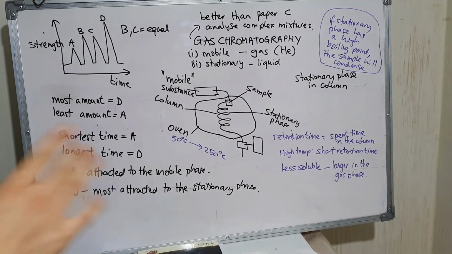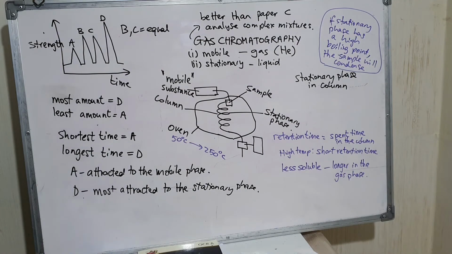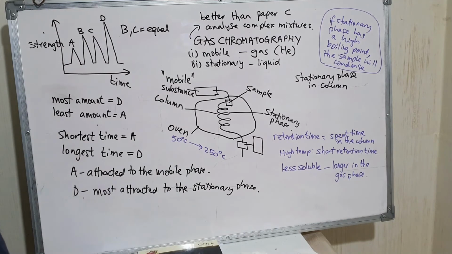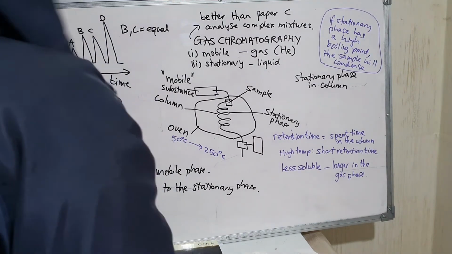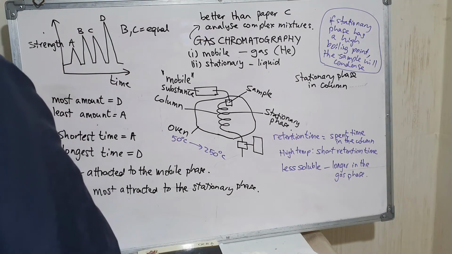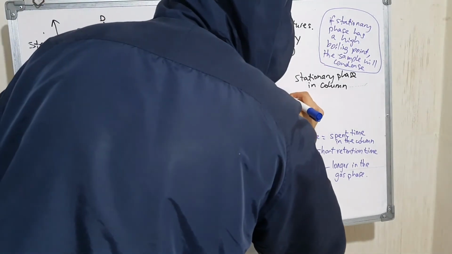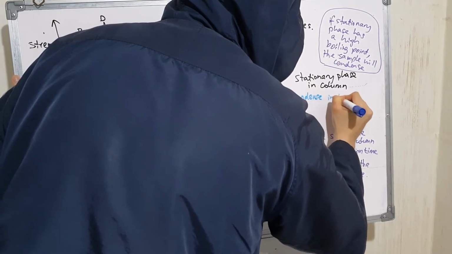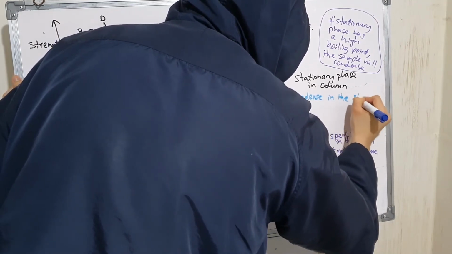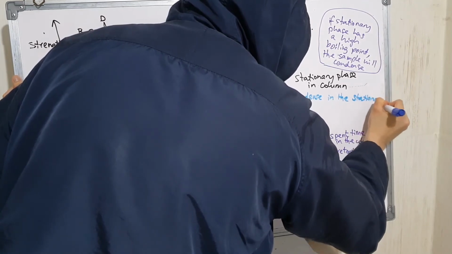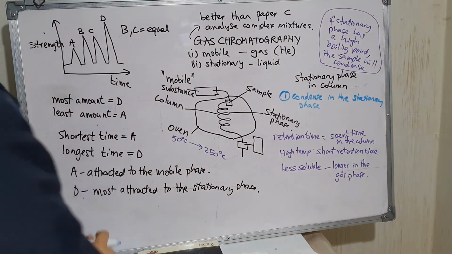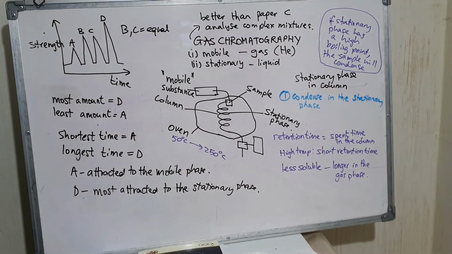Now there are three things that it could do. Number one, it could condense in the stationary phase.